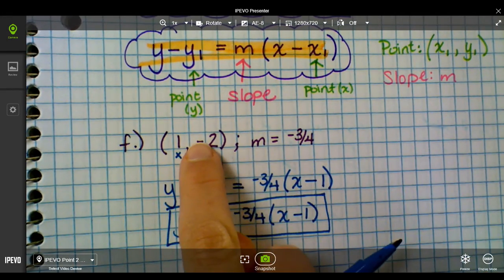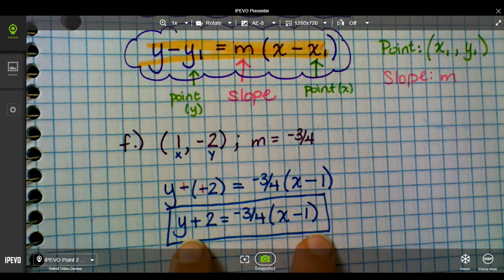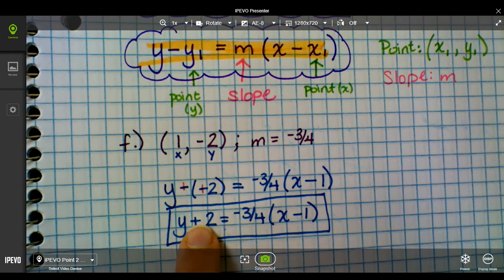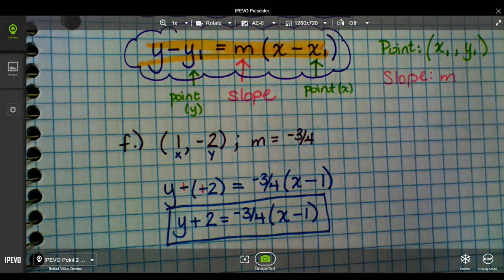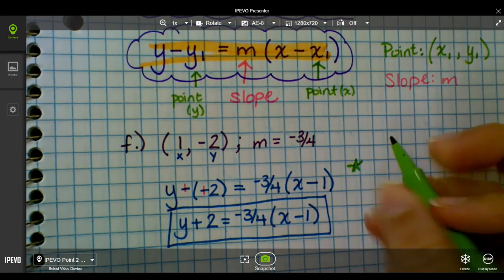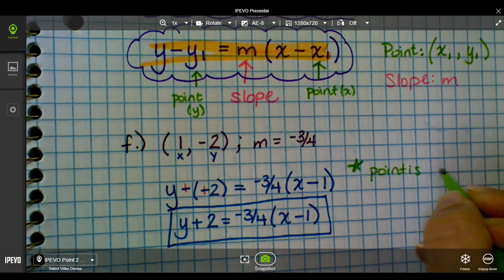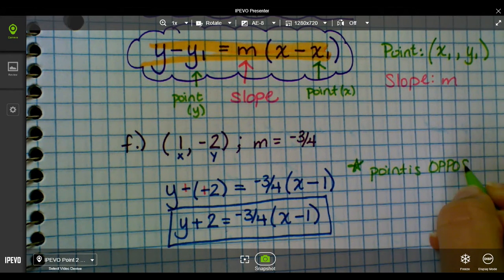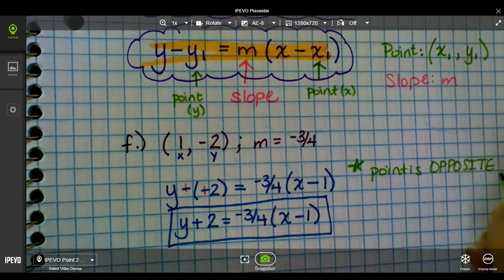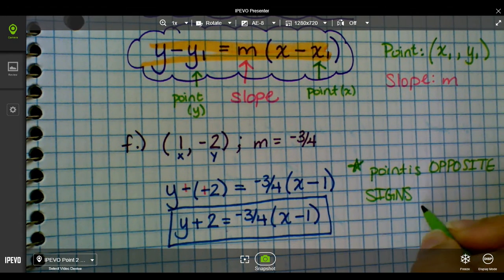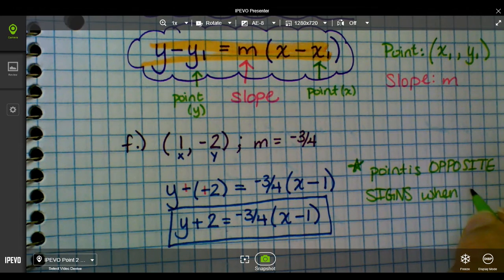Your point and what it looks like inside of your equation over here, it's always going to look like the point and the equation have opposite signs, okay? So I'm going to just put a little note over here for you guys to remember. Point is opposite signs when in the equation.